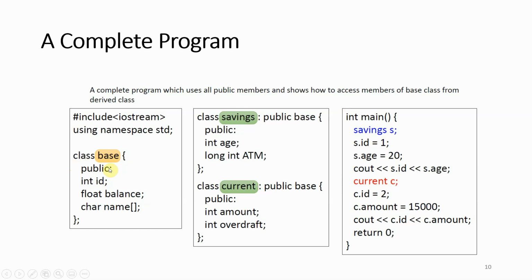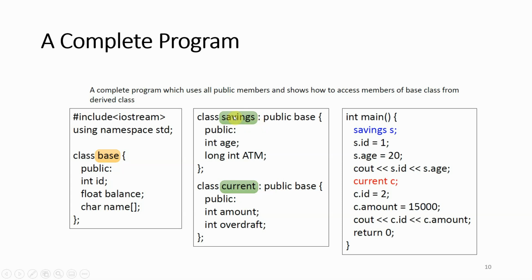Because this was public, it means that ID, balance, and name are accessible by S. So what does this private mean? It means that ID, balance, and name are now private members of savings.